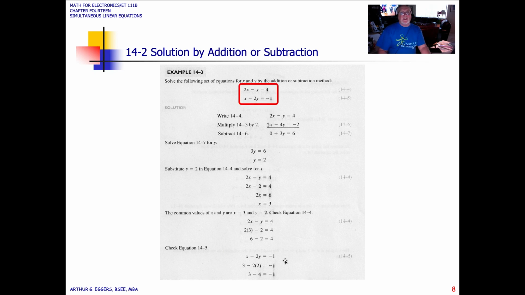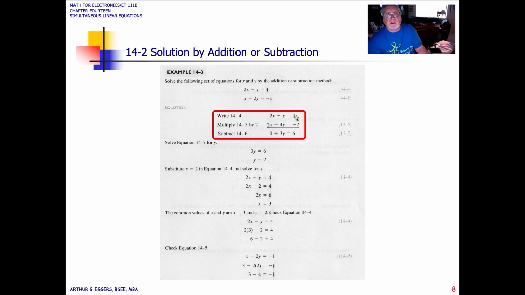Okay, so we've got another example here to go through. Example 14.3 says solve the following set of equations for x and y by the addition or subtraction method. Okay, so in this case, we're going to line the two expressions up, and we are going to go through and do a solution by multiplying by 2 in the second term, and this gives us a cancellation again for 2x.